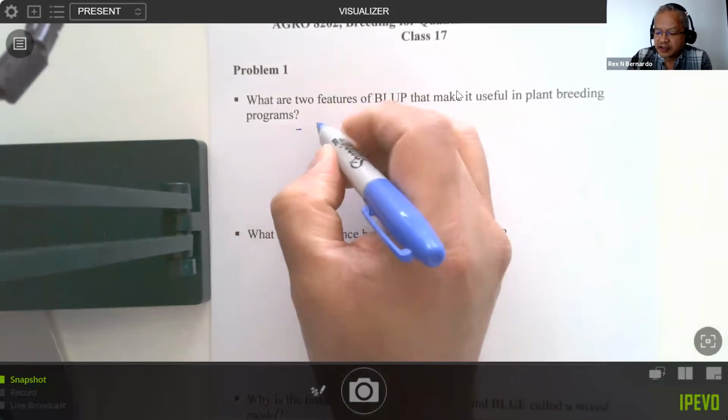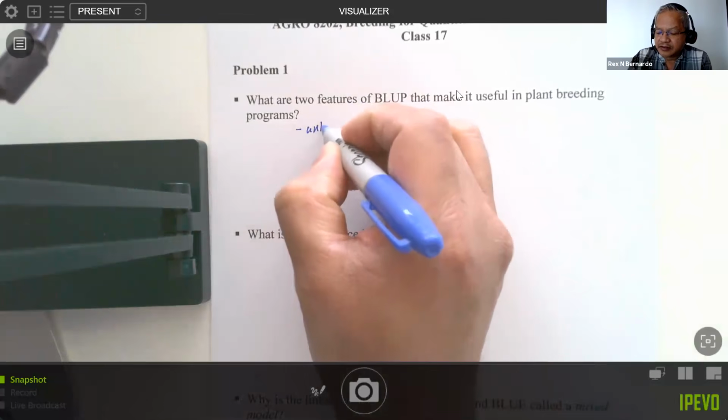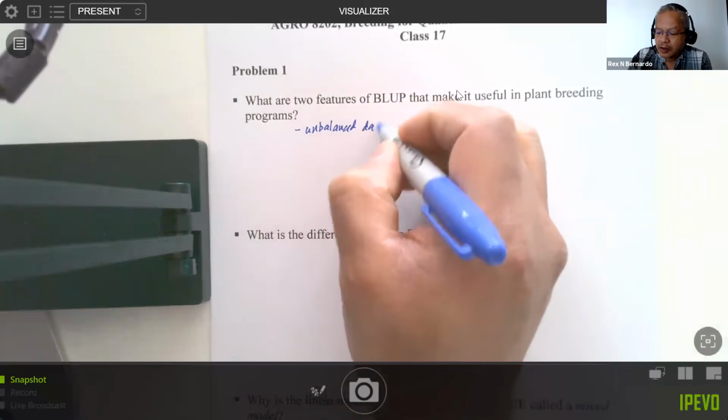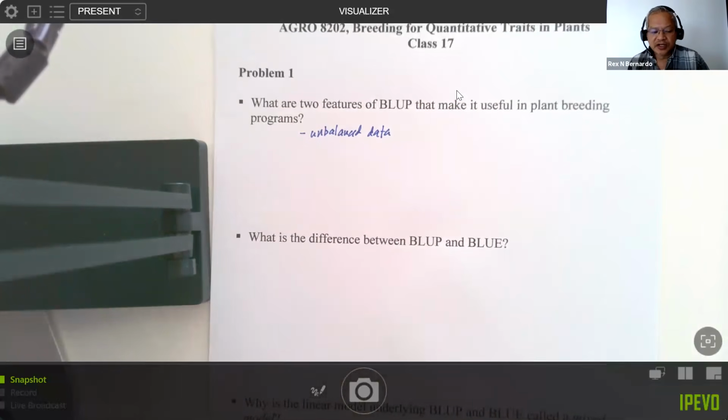One is it helps us handle unbalanced data. Although breeders tend to conduct individual experiments that are balanced, meaning that you have a set of lines or hybrids or test crosses or clones, and you evaluate them in the same locations in a given year. Chances are, yes, you might have missing data here or there, but for the most part these are balanced data.